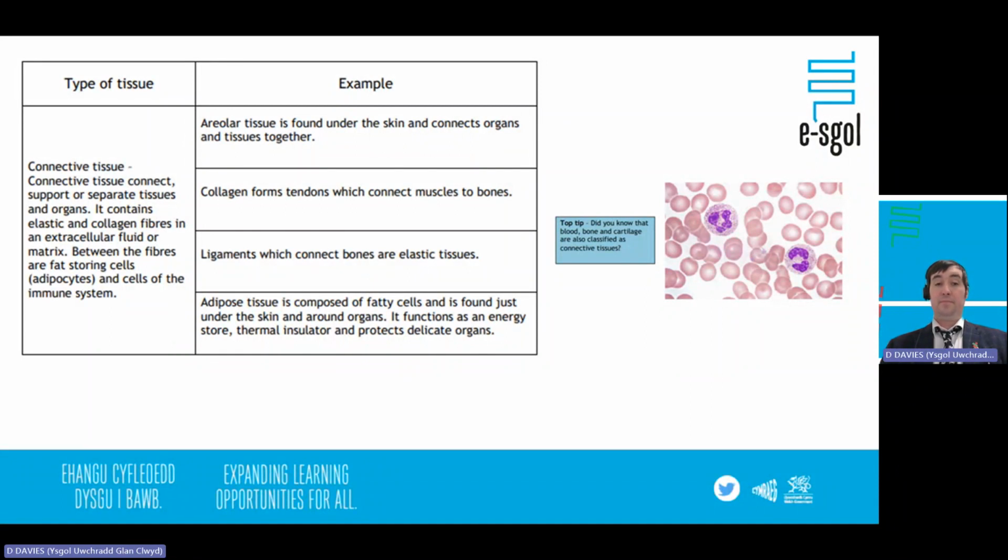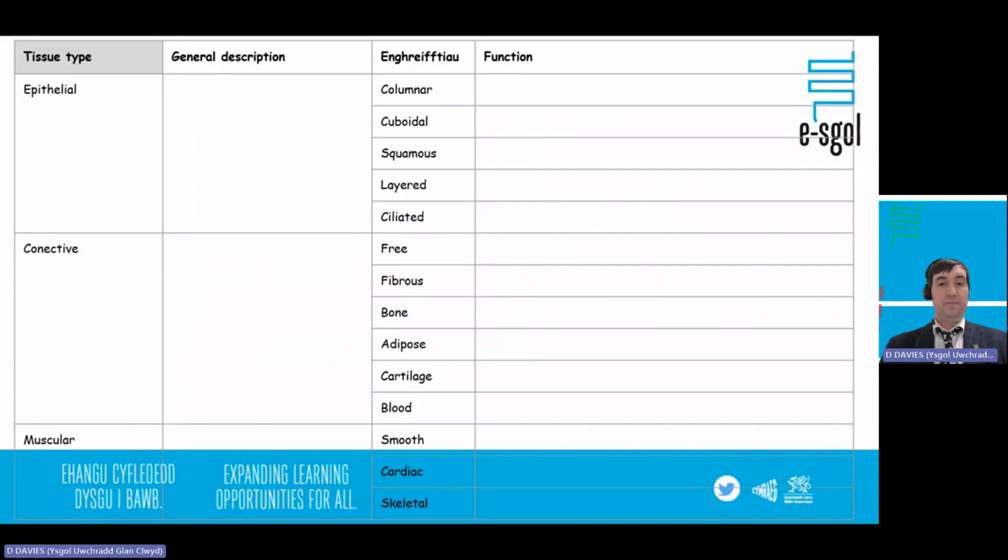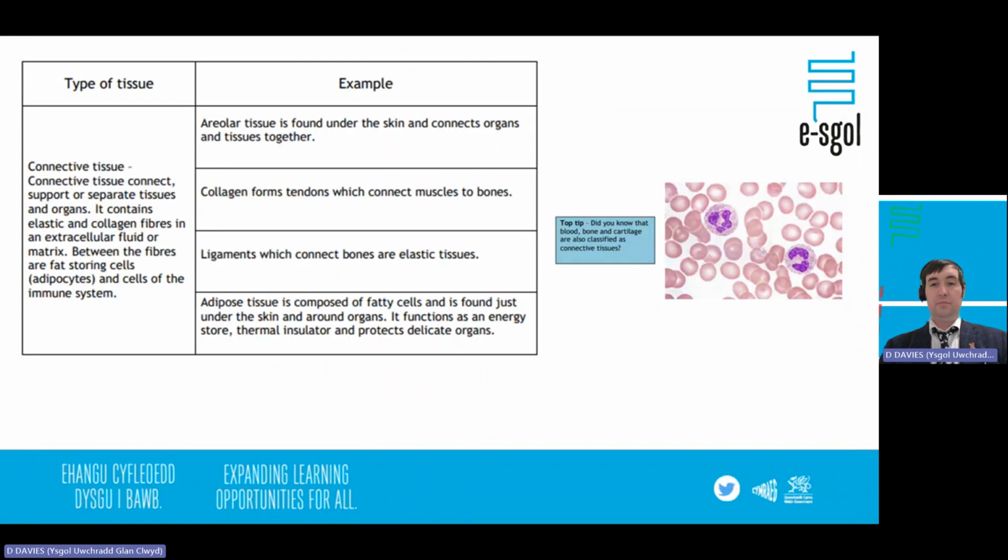They act as an energy store, a thermal insulator to keep you warm, and protect your delicate organs like the kidneys. Blood is also a connective tissue for some reason, and you have a picture there of your red blood cells and your white blood cells.